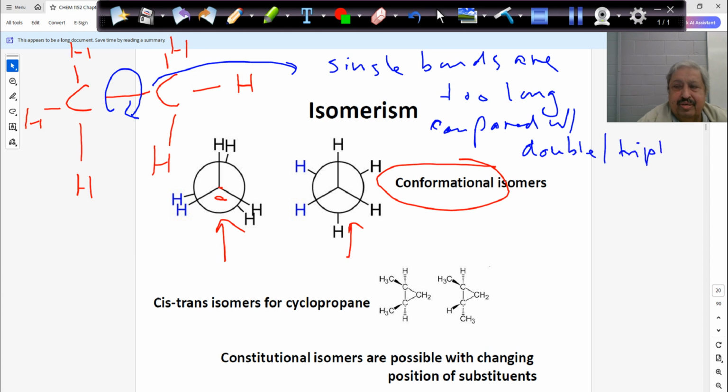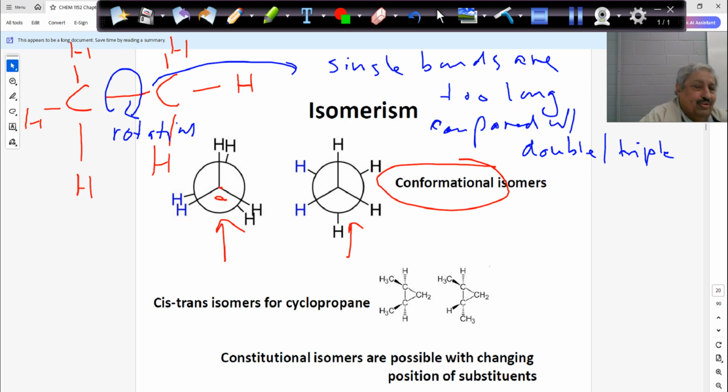You cannot even move it anywhere. It will break because the distance is so small. They cannot rotate in nature. They will be broken. So this is the rotation here on this axis, the carbon-carbon single bond axis. That will give you one is up, one is down.